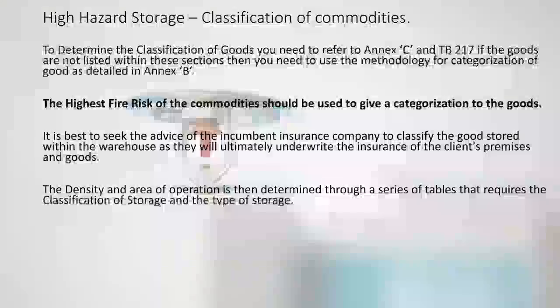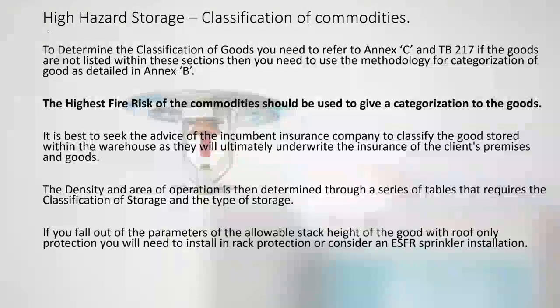The density and area of operation is determined through a series of tables that require a classification of storage and types of storage. And if you fall outside the allowable stack heights of the goods with roof-only protection, you'll need to install rack protection or consider ESFR, which we don't really cover here.